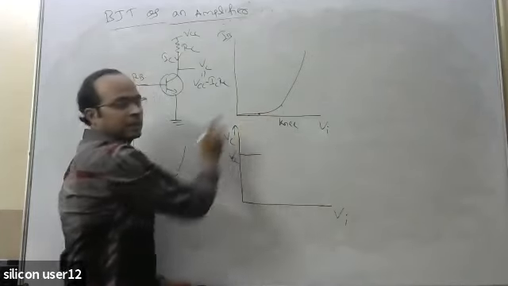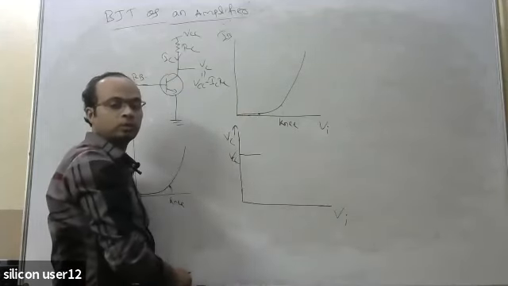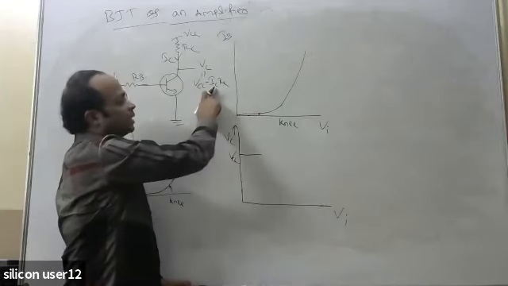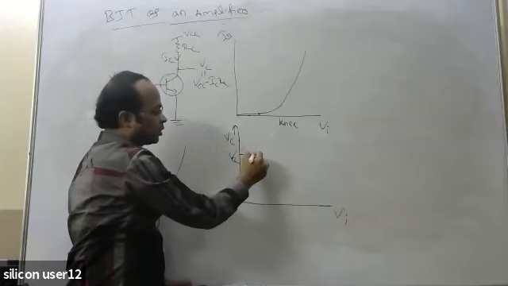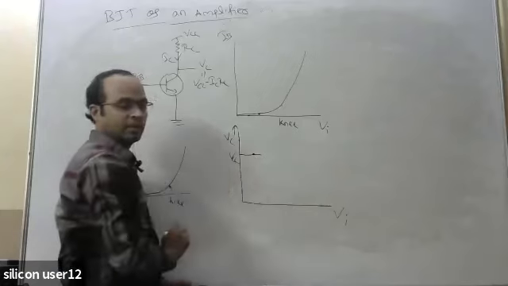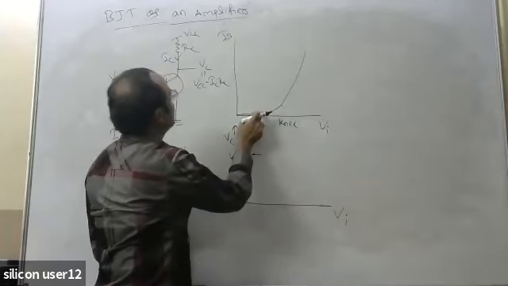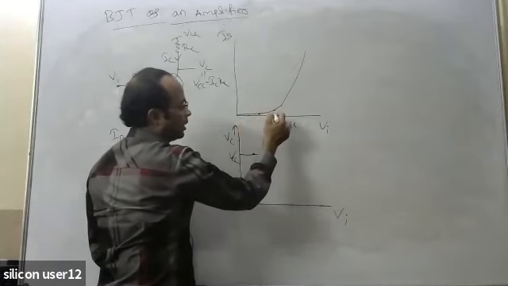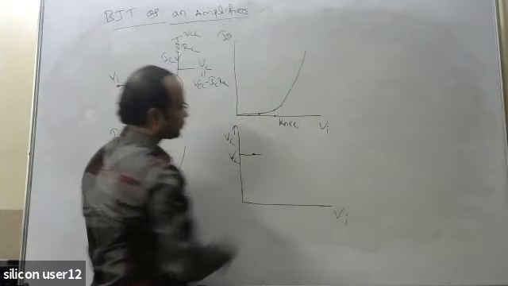Here the base current is 0. So at this point, if the base current is 0, the collector current is also 0. If the collector current is 0, then VCC minus 0 equals VCC. So for this also, I am getting VC equal to VCC. When the IB is increasing, let us say for this point, that means at this location you want to calculate.